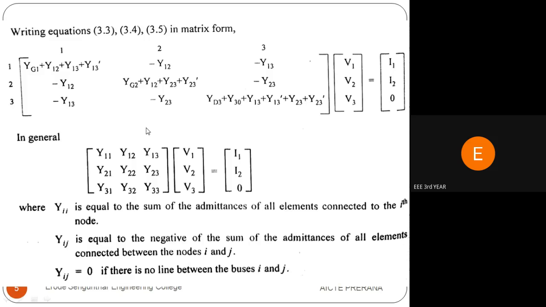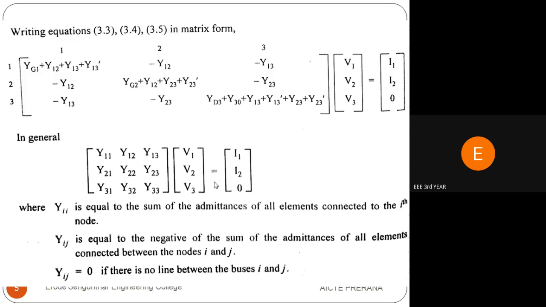From this, we can write the general equation, that is a normal matrix equation: Y11, Y12, Y13, Y21, Y22, Y23, Y31, Y32, and Y33, multiplied by V1, V2, V3, and it becomes I1, I2, and 0. For this circuit, if we are considering a generator at the third bus, we have to put it here as I3.